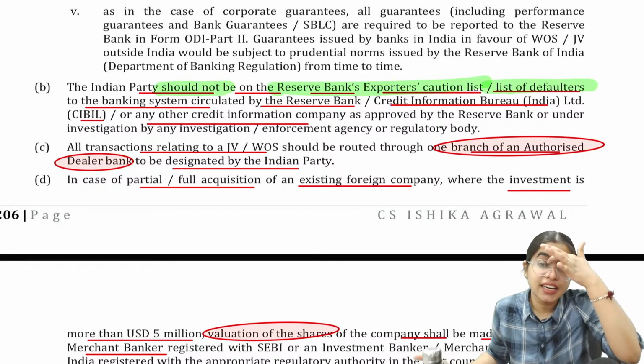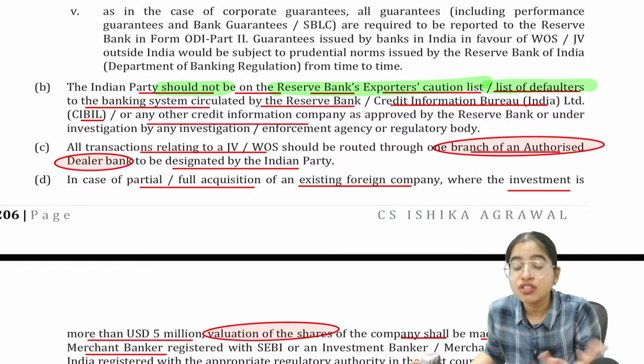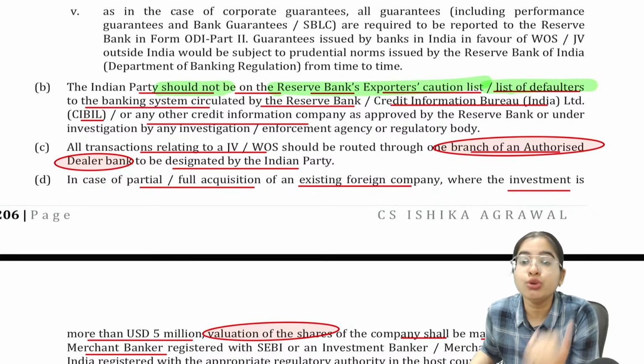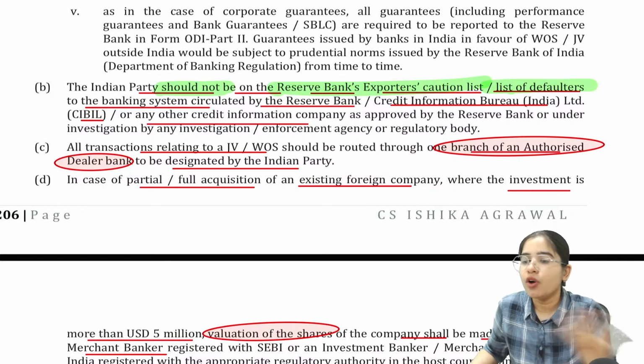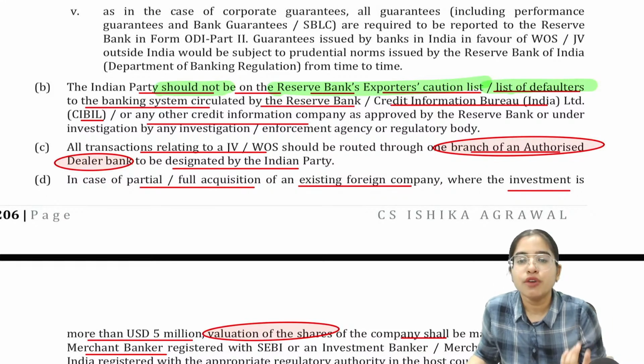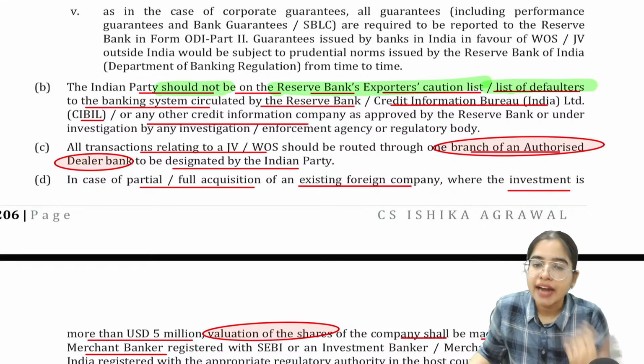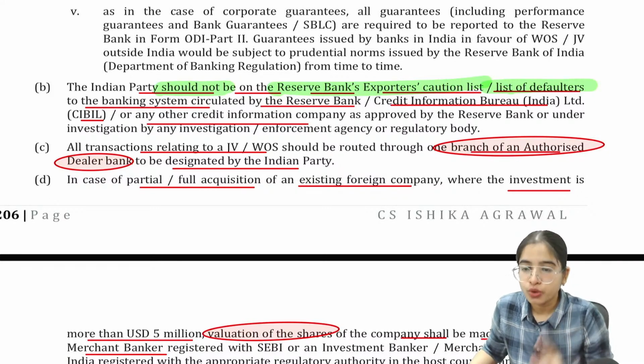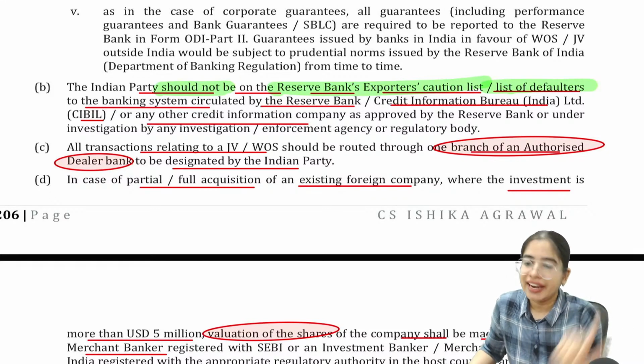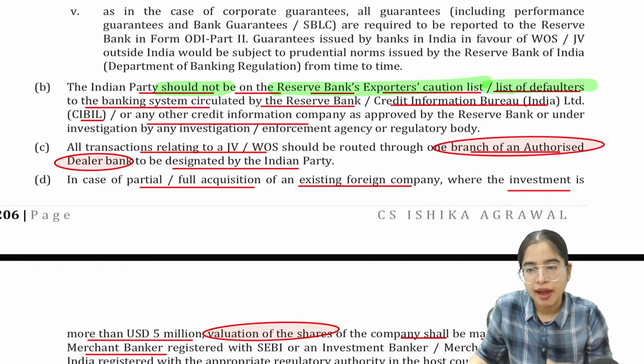Basically, authorized dealers are the banks who are authorized by RBI to hold or transfer the foreign currency. A normal citizen is not allowed to hold or transfer the foreign currency. So if you are doing transaction abroad, then that money should be routed only through the AD category 1 bank, authorized bank.